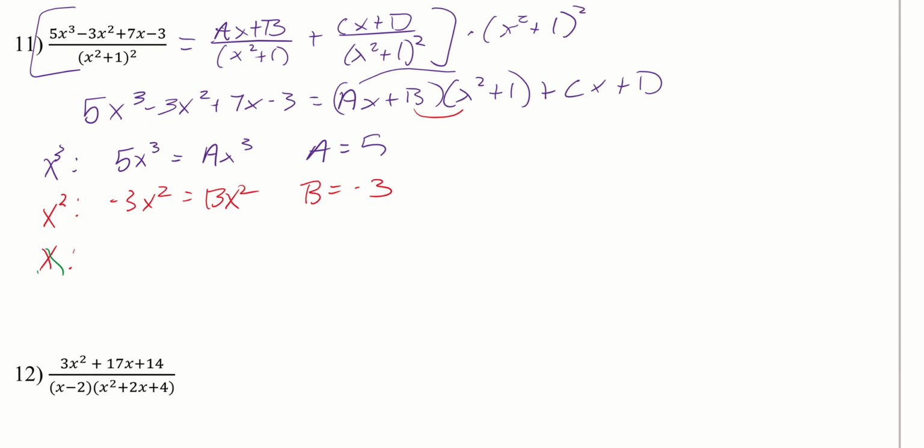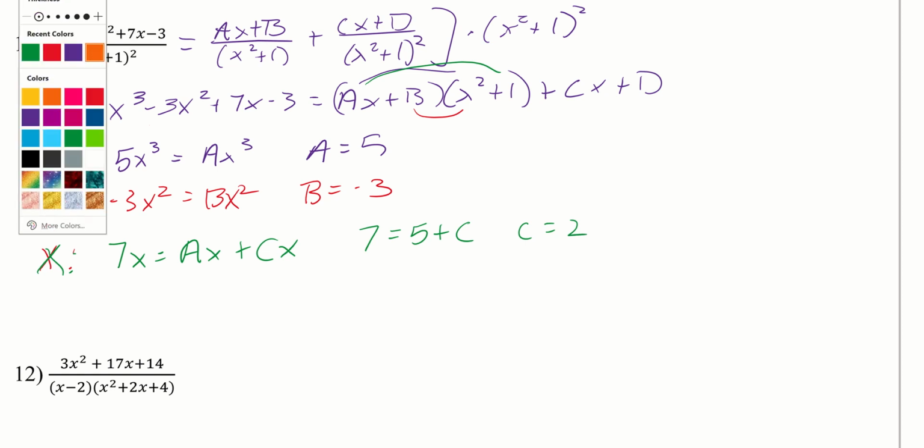Our x, it would be 7x. Now a would have an x, so that would be ax. B would not have an x, but c would. And then d does not either. So if I solve this out, we've got 7 is equal to 5 plus c, so therefore c is equal to 2.